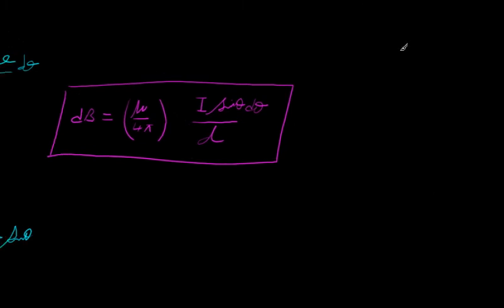You have a wire here, and you need to find the magnetic field from distance D. This angle is theta and the total length is L. This is theta 1, and from here it is 90, so theta changes from theta 1 to 90. You integrate it and you will get the result.